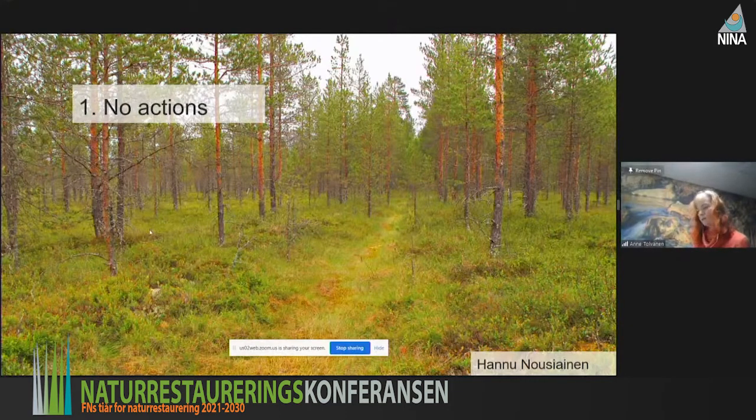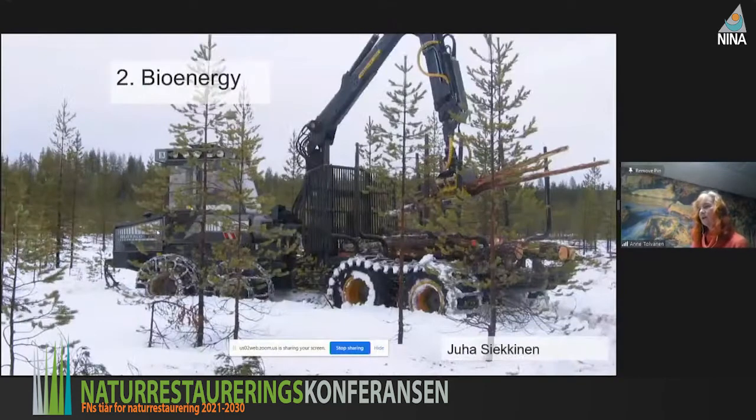And we predicted what happens to the biodiversity, greenhouse gases, and water nutrients if these just continue staying as they are. The second land use option or scenario was using these peatlands for bioenergy production, which in practice means that the timber would be collected, but nothing else would be done on these peatlands.